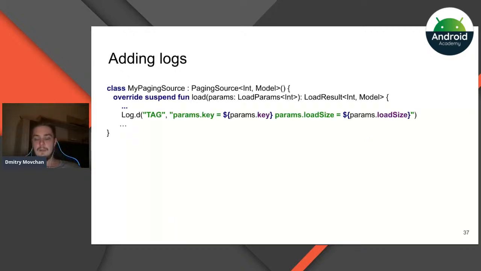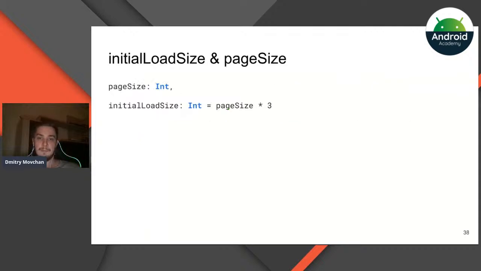For this purpose, let's create my paging source again and put inside some logs that will show us with which parameters it's called, which key we execute, and which load size we pass to this function. So the first example: we have page size and initial load size equal to page size multiplied by 3.